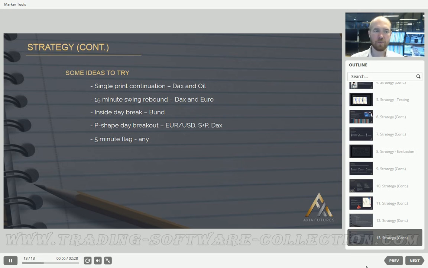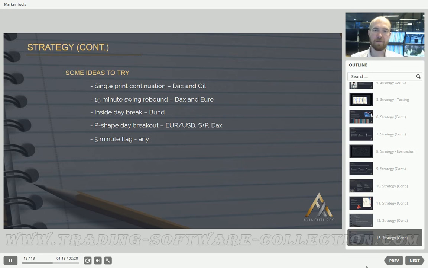Next up, have a look at swing rebounds. This is whereby the market makes a new high or low. The candle that makes the high or low closes back within the previous candle. That's your 15-minute swing rebound. The idea of the trade is to look back up towards the top of the range or the other side of the range. So have a look at that in the DAX and the Euro, but you can have a look at it in any market.